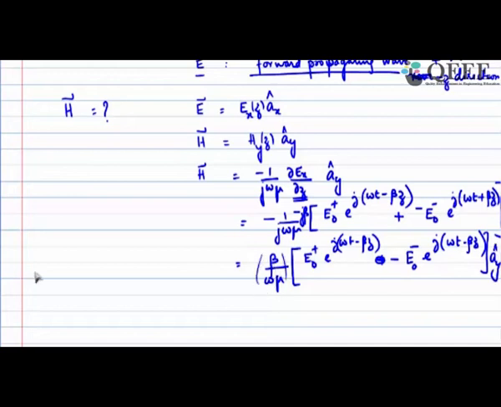If you look at what this is, beta is omega times root mu epsilon. So beta by omega mu is omega root mu epsilon divided by omega mu.